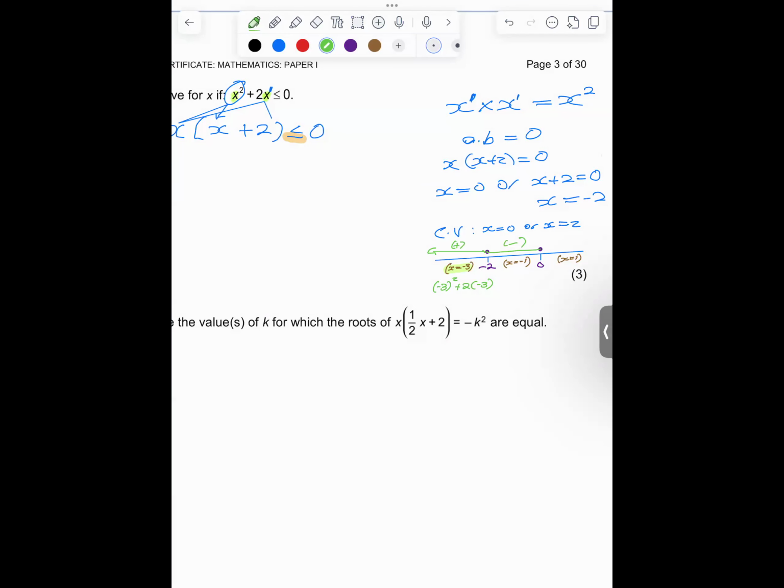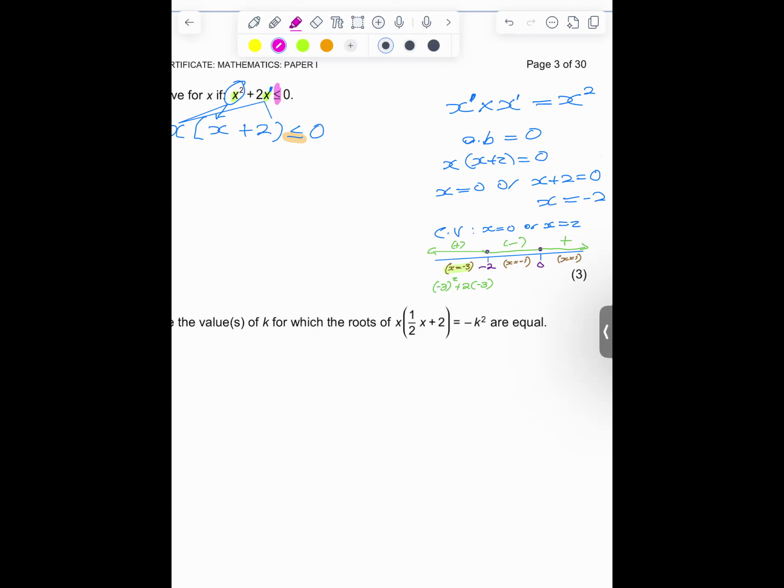So for values that are greater than 0, I'll always get positive. But please note that the inequality wanted us to find the values that are less or equal to 0.